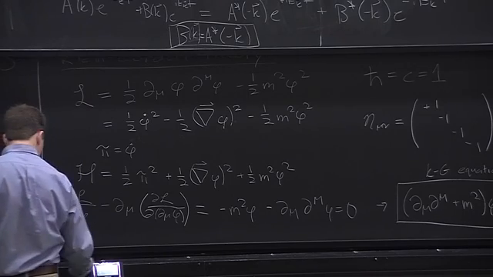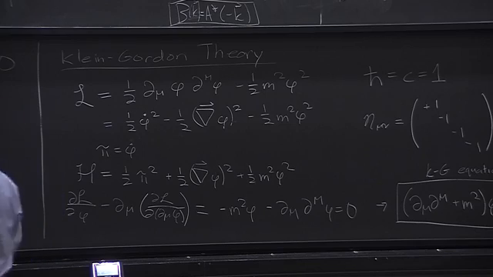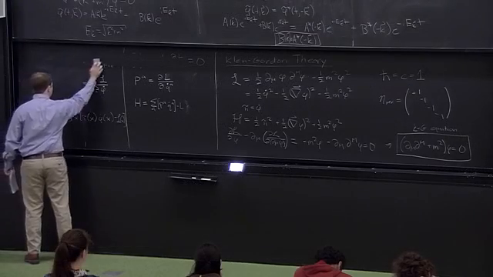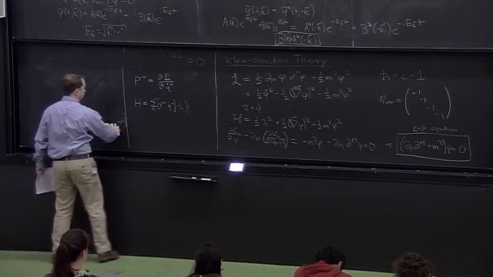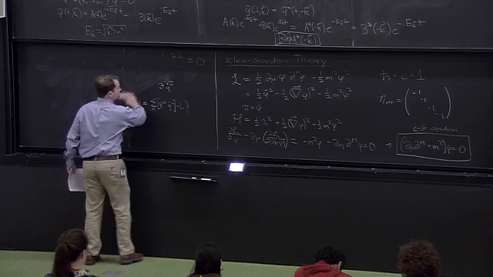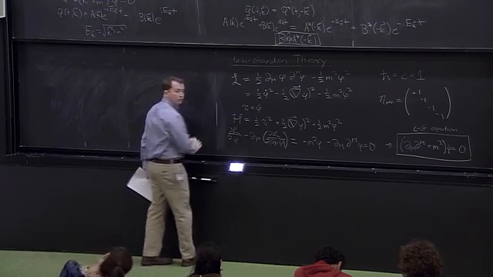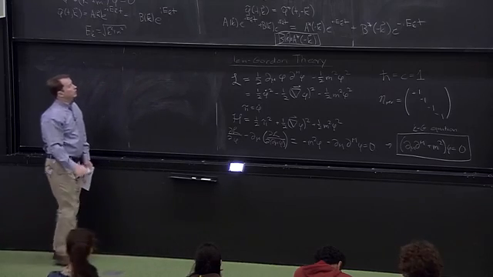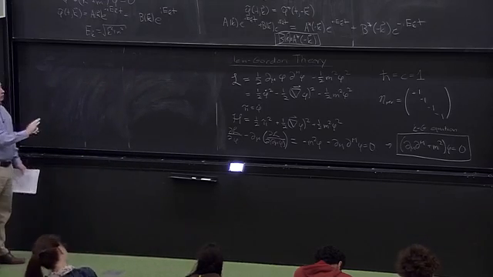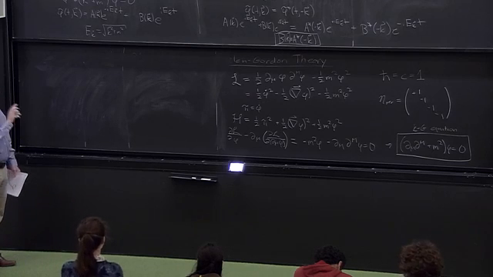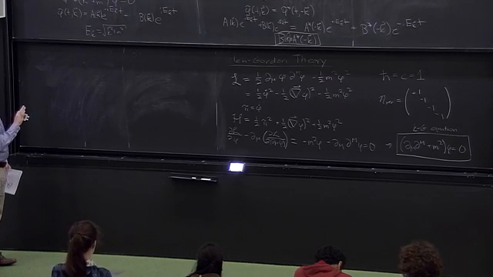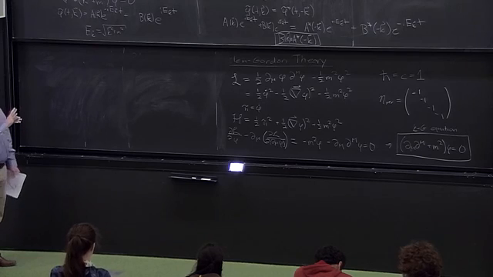Okay. So that's our solution. And we could use this to go ahead and quantize the scalar field. However, it will be more convenient if instead we do a little bit of work now trying to put this in as Lorentz invariant a form as possible.